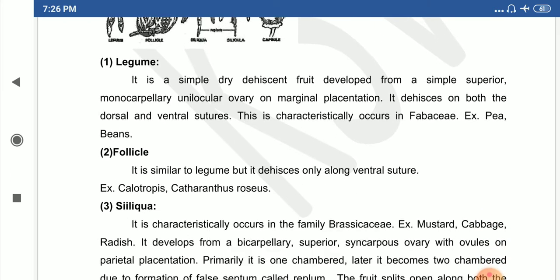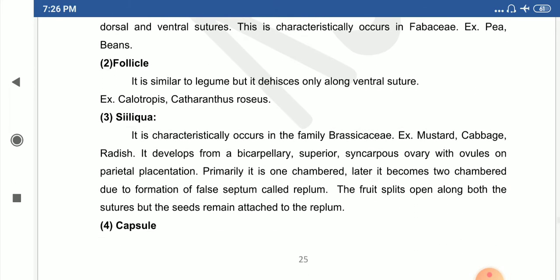Follicle. Follicles are similar to the legume, but they dehisce only along one side, the ventral suture. Example: Calotropis. This is common in Apocynaceae and Asclepiadaceae, where follicle will be present.